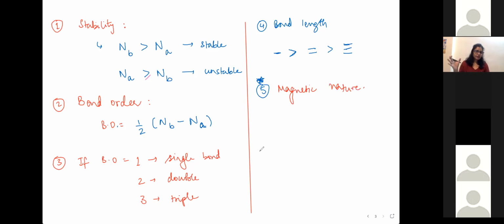Just like how we figured for elements, even for molecules, based on the electronic configuration that you get from molecular orbital theory, if there are unpaired electrons, then that particular molecule or substance is going to show paramagnetism. And if all the electrons are paired, if there are 0 unpaired electrons, then that's going to be diamagnetic.